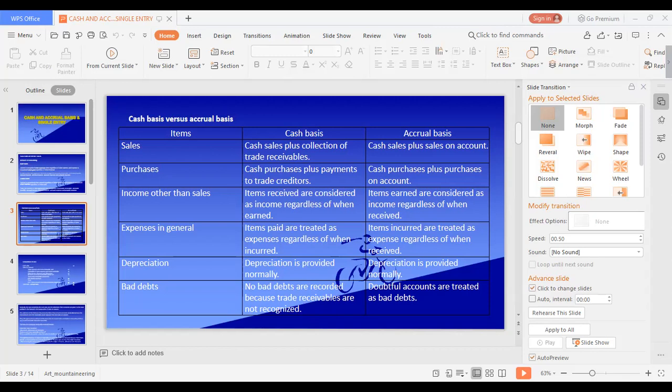Increase effect on equity. Increase in cash will increase equity. Increase in accounts receivable will increase equity. Increase in inventory, increase in equity. Decrease in investments will decrease equity. Decrease in accounts payable will increase equity.